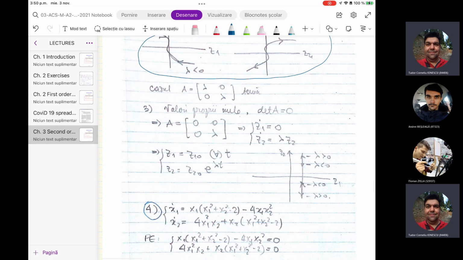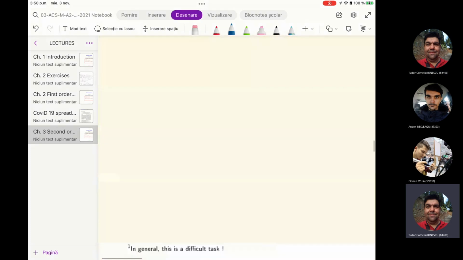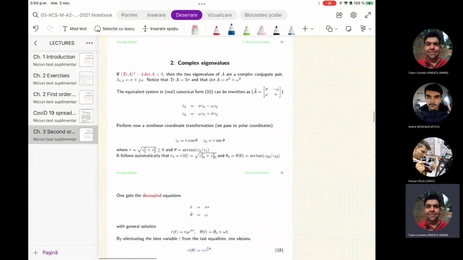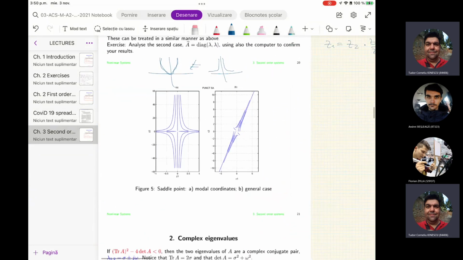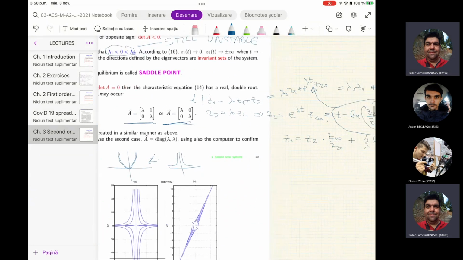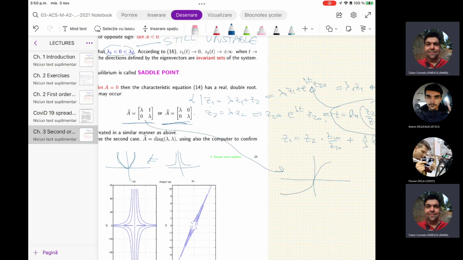And then you also have the case when you have one eigenvalue and the rest is 0. So these are parallel lines like this. It's a drawing like this. So going back to this, in this case you have something like this, or like this.